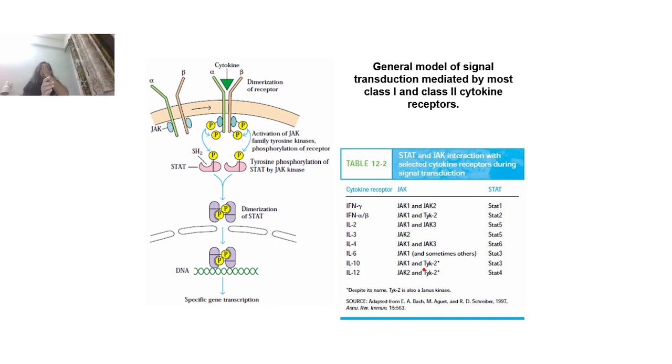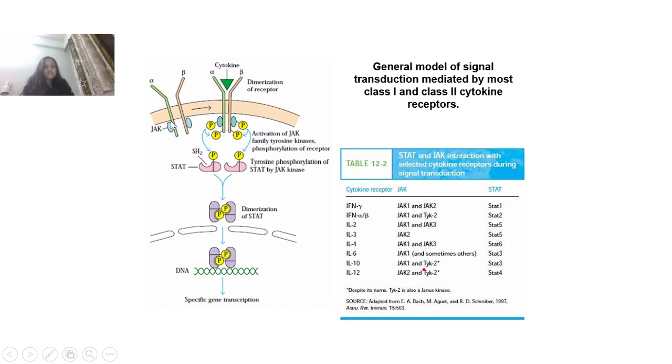This is the general model of signal transduction mediated by most class 1 and class 2 cytokine receptors. Here you can see a receptor with alpha and beta chains, and here the cytokine is binding. When there was no cytokine present, the chains were separated. Whenever there is binding of the cytokine, the receptor dimerizes, which activates the JAK, or Janus kinases.